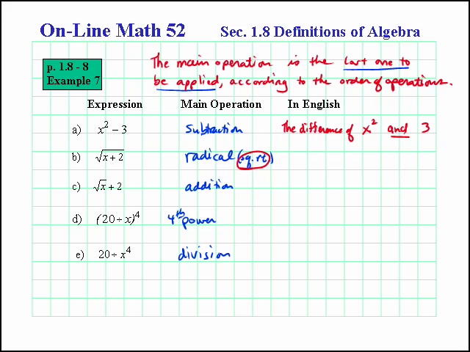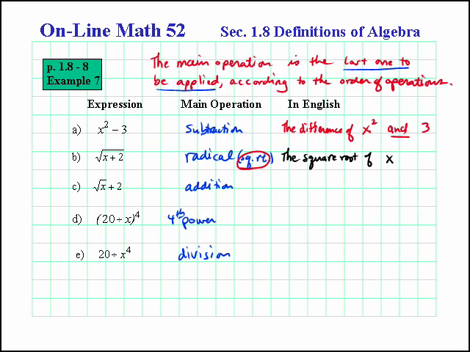Let me do a different color here. The square root of what? X and 2. Oh, no. Okay, wait.